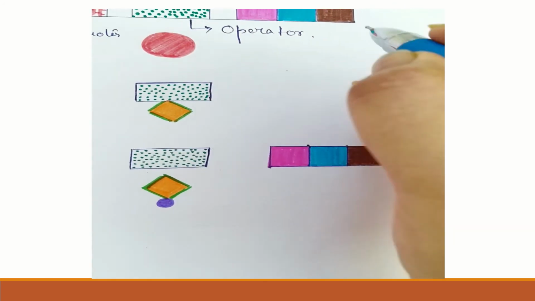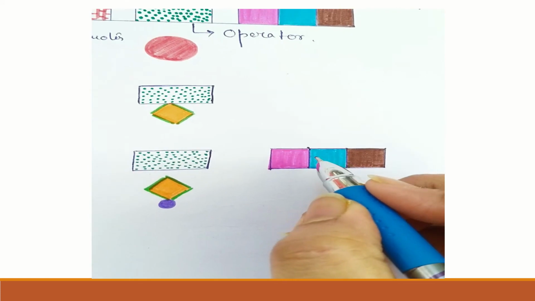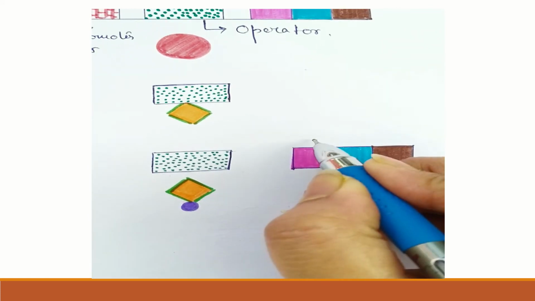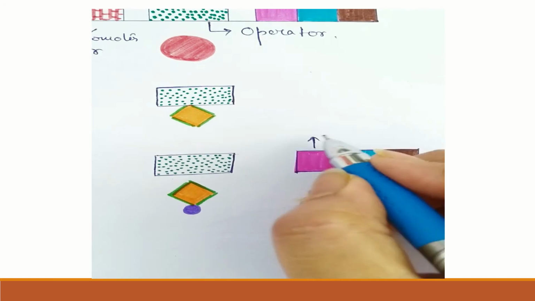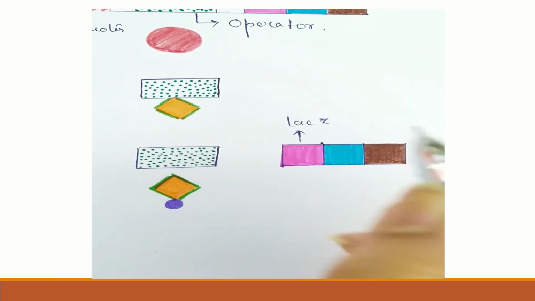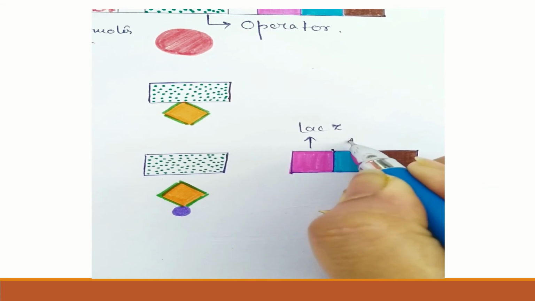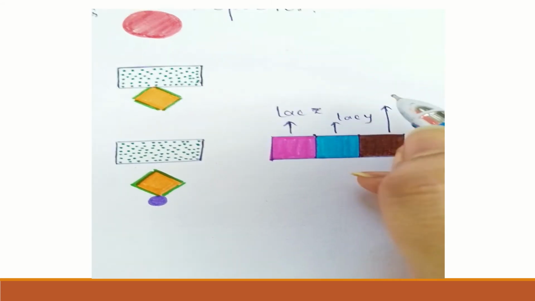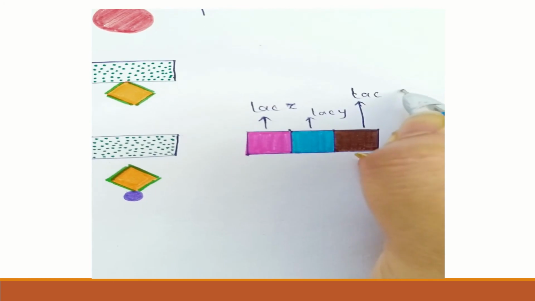These three genes will be encoding for three enzymes. This is LAC-Z, this is LAC-Y, and this is LAC-A.